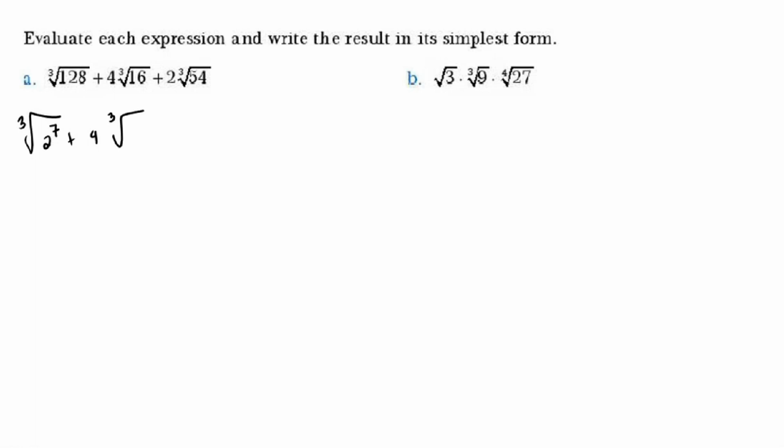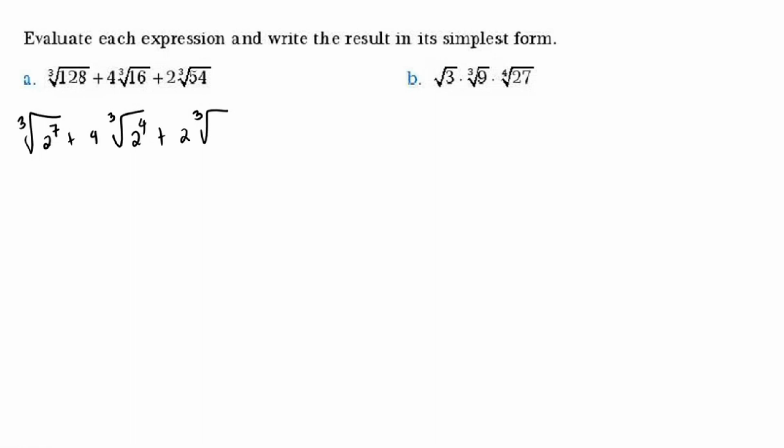So 16 can be written as 2 raised to 4. 2 times 2, 4 times 2, 8 times 2, 16. So therefore, 2 raised to 4, plus 2 times the cube root of 54. There is no single factor for that, so we can write now 27 times 2.